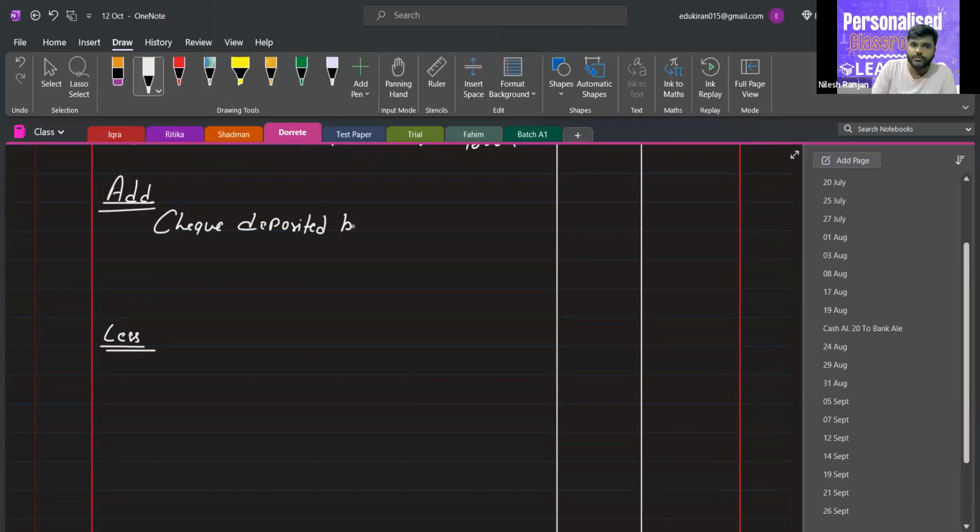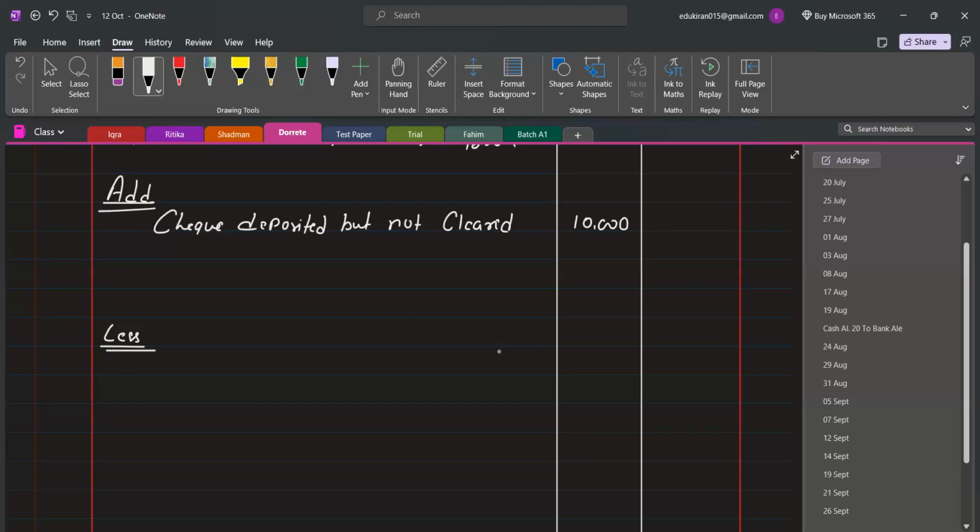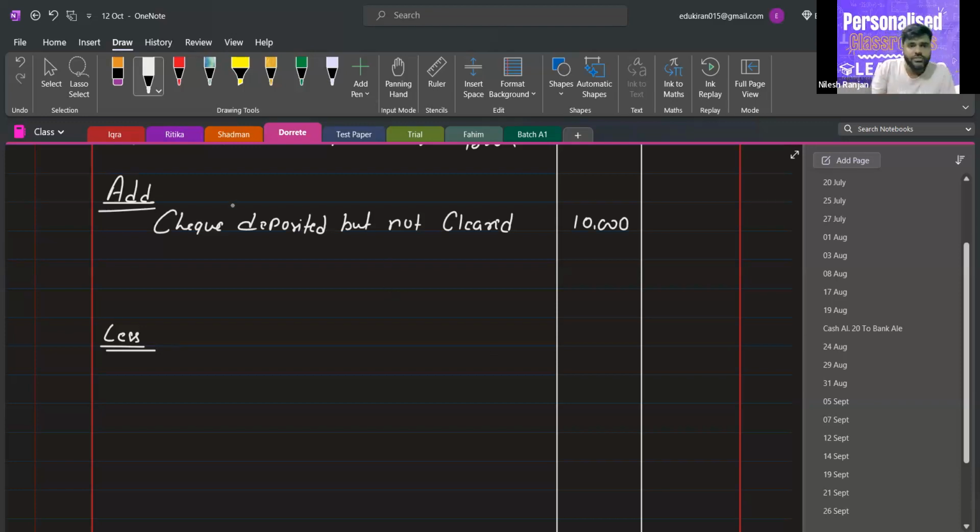Check deposited but not cleared: 10,000. Now the second is check issued but not presented for payment. If you issue a check, then the cash book will decrease, and to make it equal we have to increase the cash book, which means we have to write it in the add column.